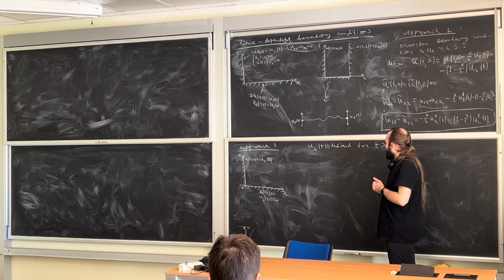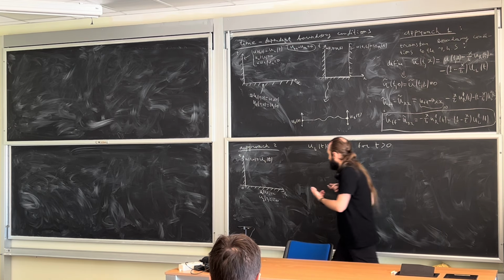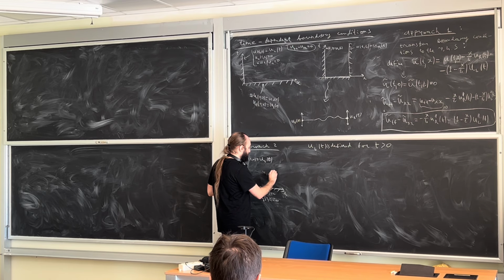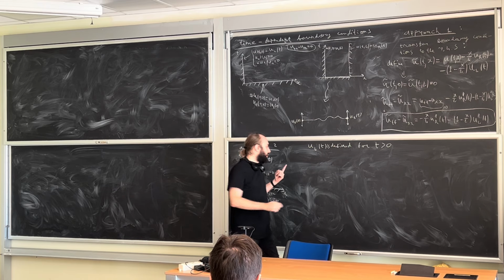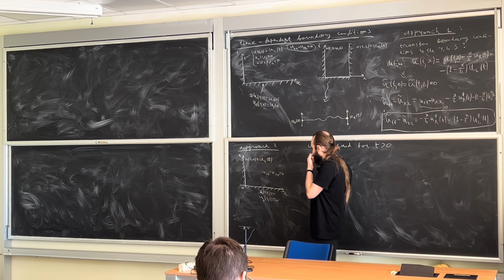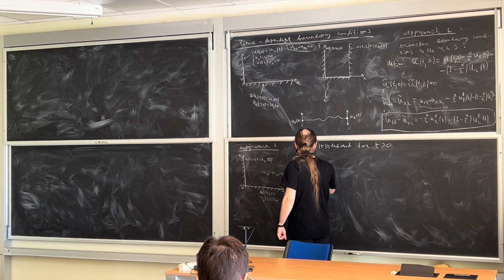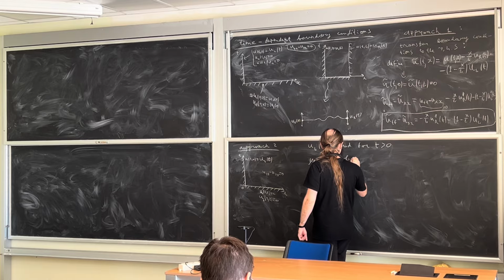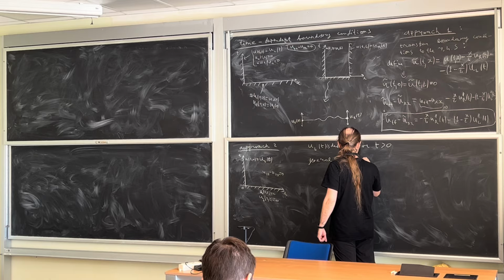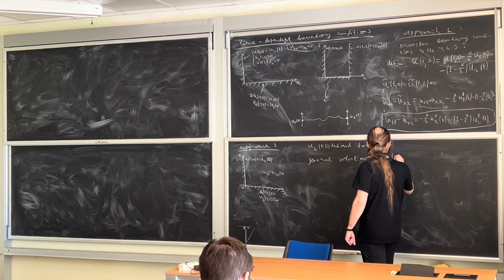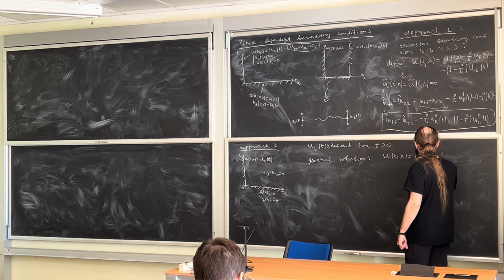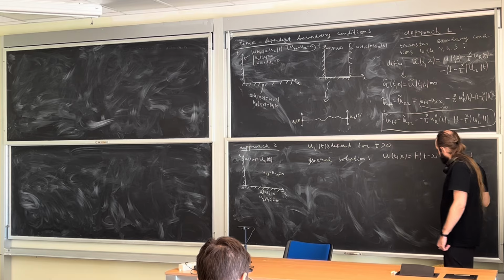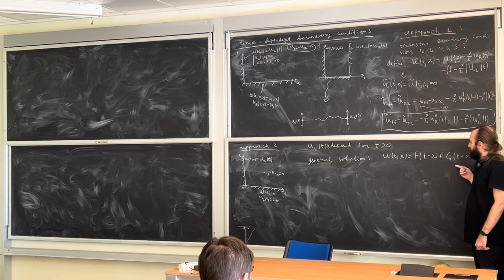So, as we remember, the solution to the wave equation u_tt minus u_xx equals 0 is a combination of two functions. So we have this formula.